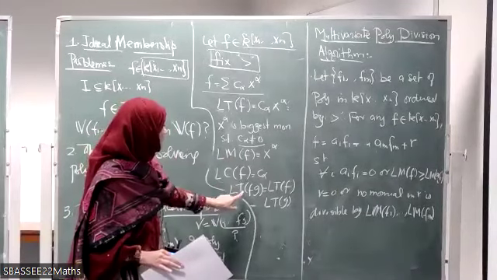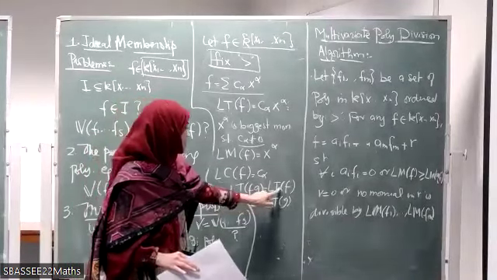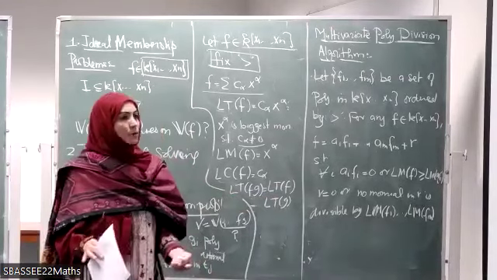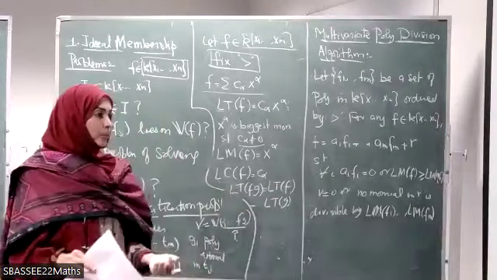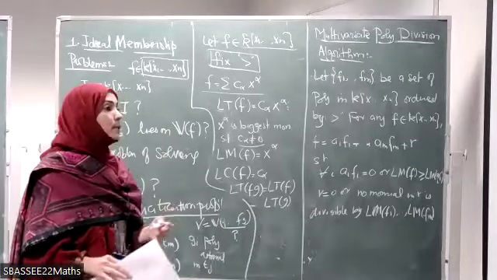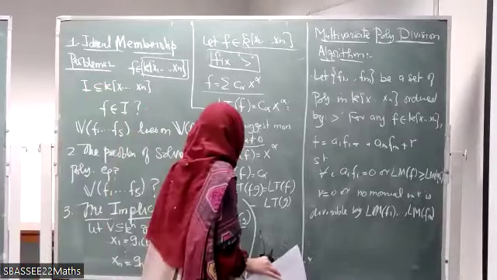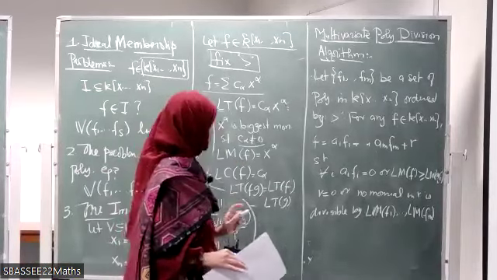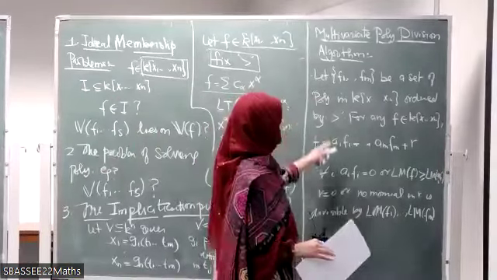One more property: the leading term of a product is always the product of the leading terms, because our polynomial ring over K is an integral domain. So that's why this is true.